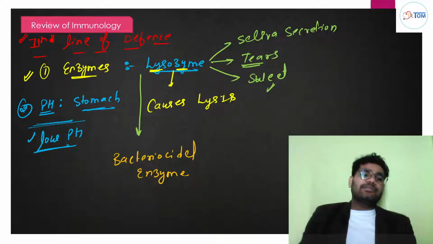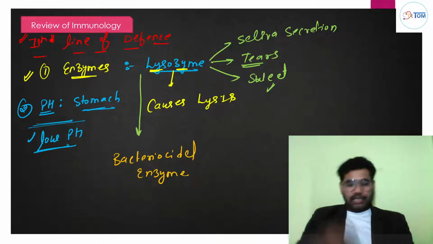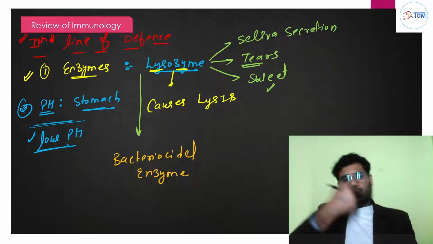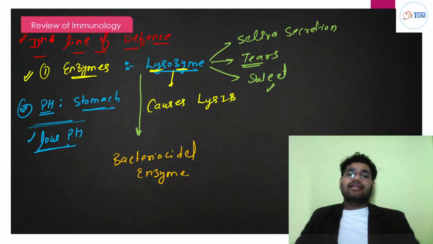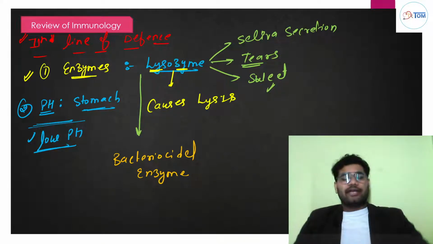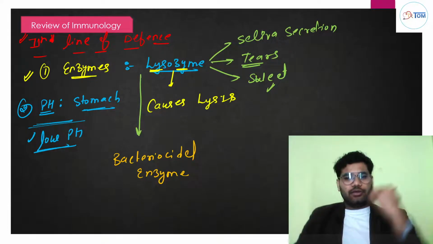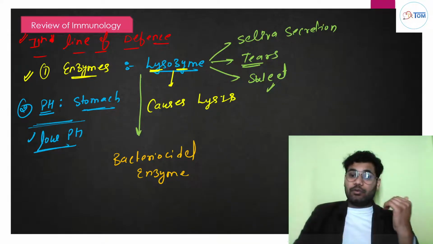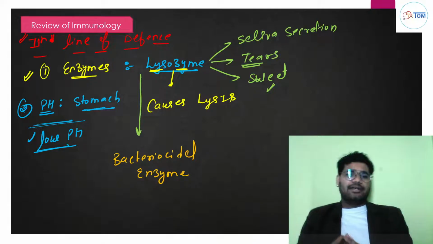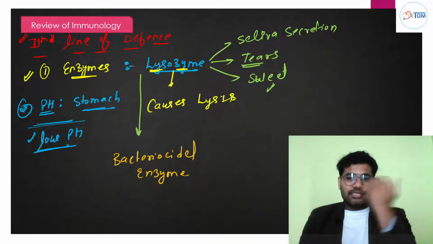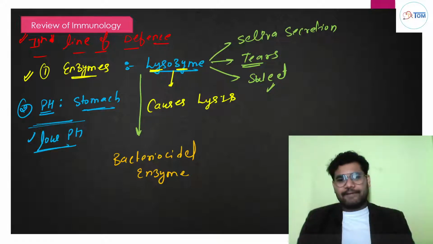So we have enzymes, we have pH in the body. Say a pathogen enters through the nose. We have our openings, the external nostrils. Say a pathogen is entering from the nose. How do we protect ourselves? Don't worry, we have hairs inside our nose, so they filter the air.